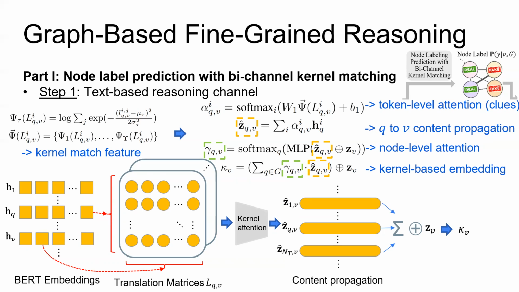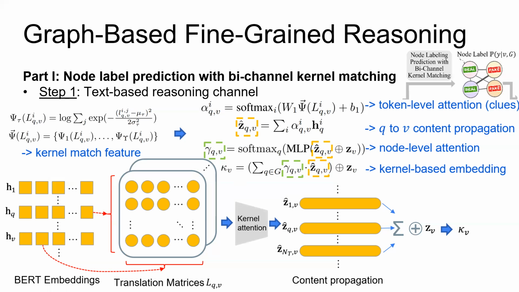And then we want to compute the pairwise similarity of the tokens within one evidence node to another evidence node, which is indicated by the orange circle right here in the translation matrix L of Q and V.